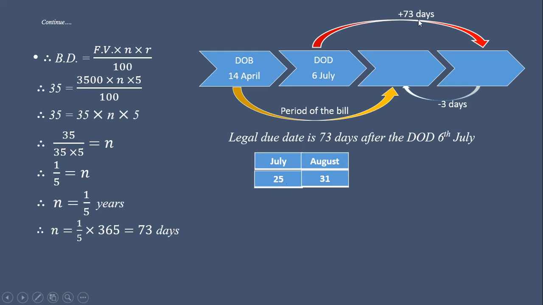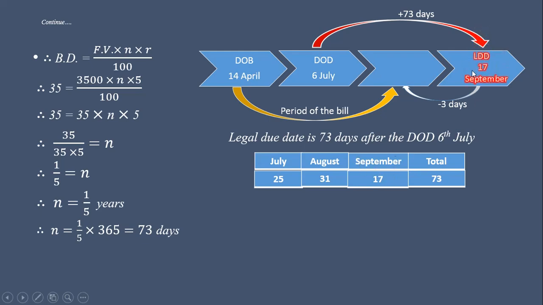But we have to go up to 73 days, so we have to consider days of September. To get 73 days, we have to add 17 days of September. So we get a total of 73 days. Now if we add 73 days to 6 July, we get September 17. So the legal due date is 17 September.